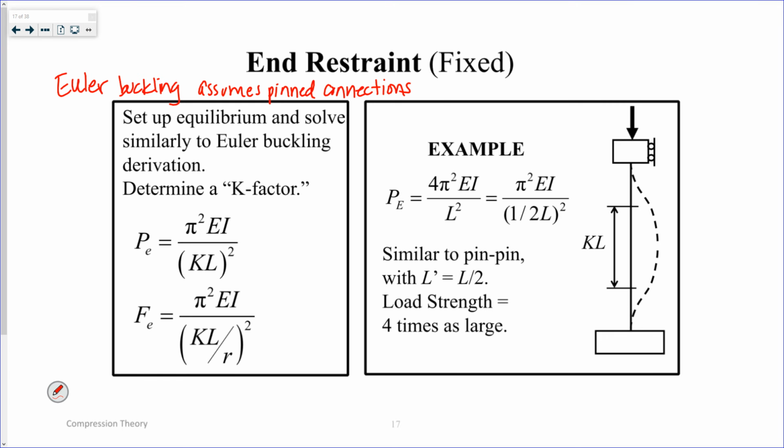So what happens if instead of pinned, it's now fixed, right? Here we have a fixed connection. We're going to do something called a K factor, where we change the length associated with it, we make an effective length, right?